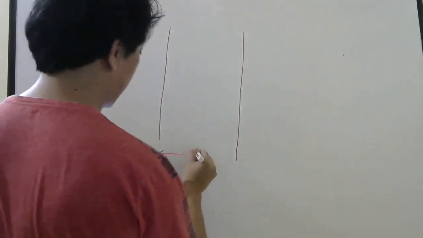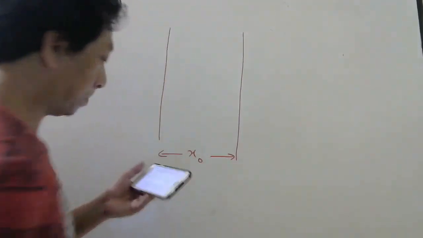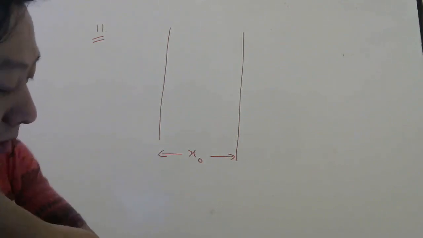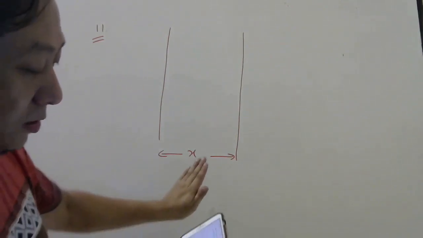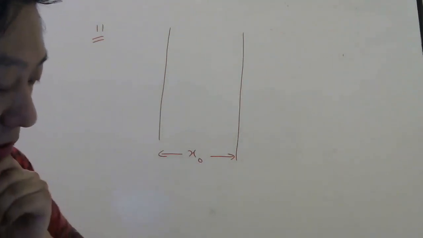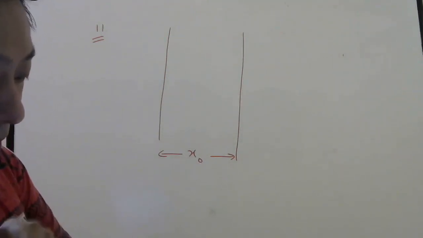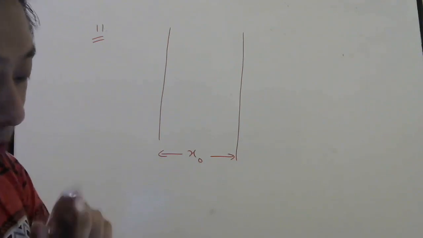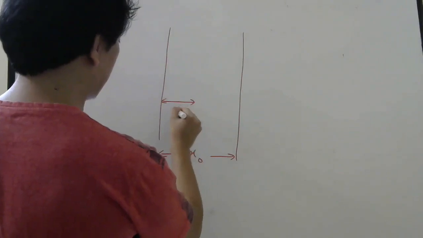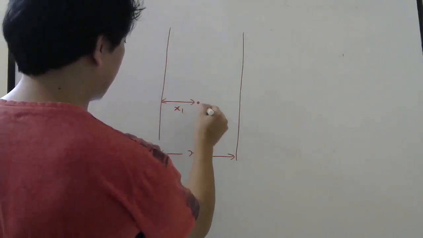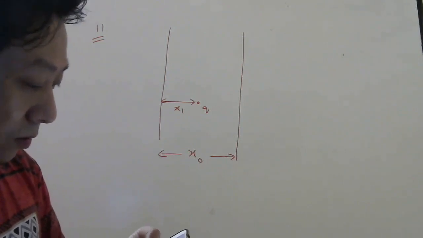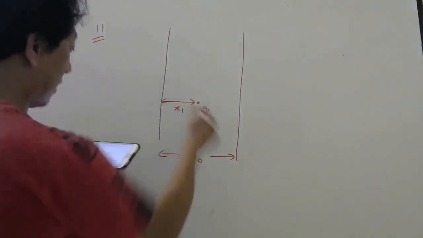A point charge is moving with speed u between the wires, in the same plane, at a distance x1 from one of the wires. Now which wire, they have not told. So here some charge q is moving with speed u, and in what direction it is moving, they have not told.